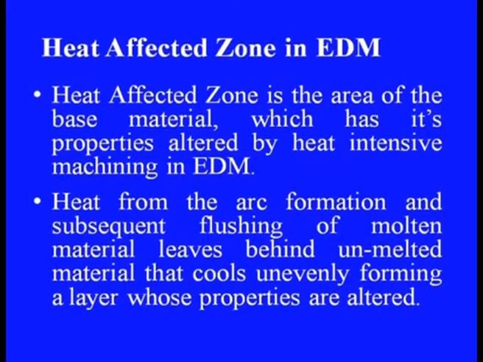Heat from the arc formation and subsequent flushing of molten material leaves behind unmelted material that cools unevenly, forming a layer whose properties are altered. This layer is known as the white layer, which has poor machinability. Generally, the hardness will be much more in this white layer than that of the parent material. Thermal properties like fatigue strength, corrosion resistance and service life get greatly reduced due to the formation of the heat affected zone.